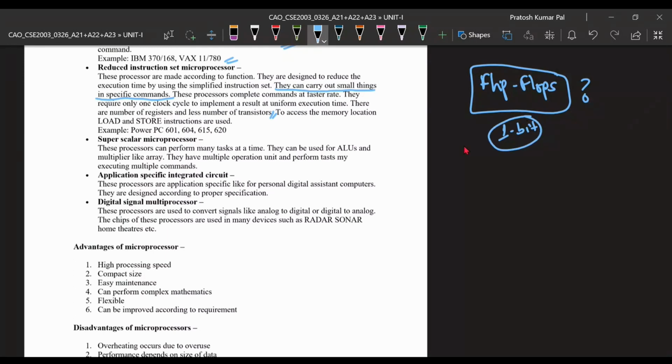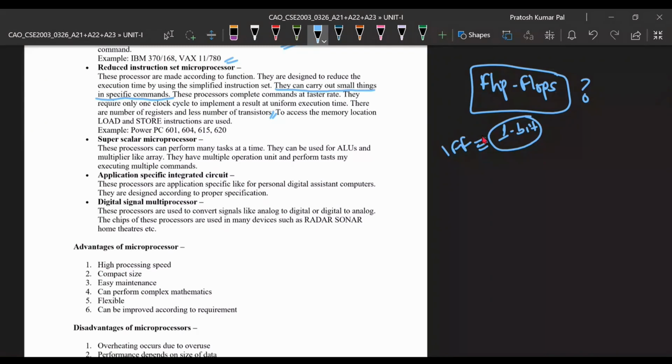If one flip-flop is there, it will store one bit at a time. So flip-flops are the basic fundamental unit of memory, the smallest possible building block of a memory region.